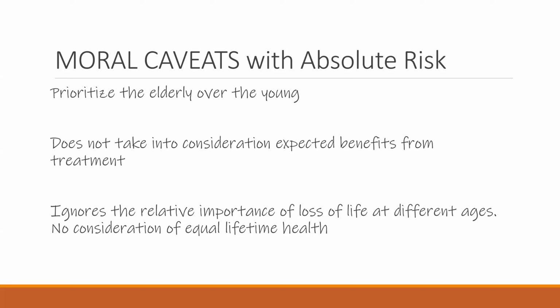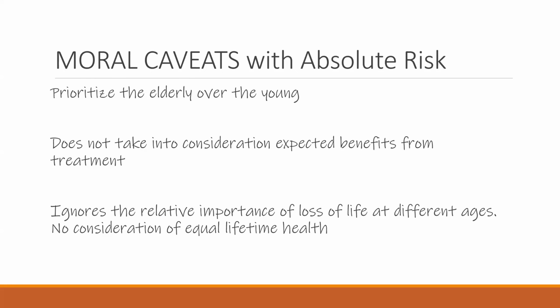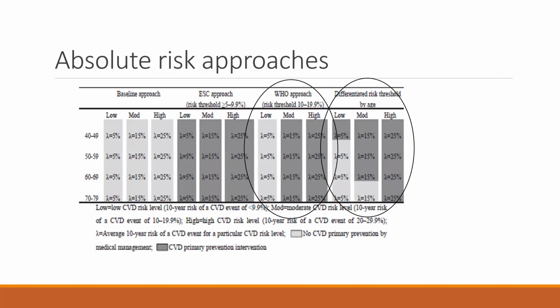Some studies have proved that the expected benefits from treating the young are actually higher than treating the elderly. Therefore, we wanted to see which of these different approaches is better, especially comparing the WHO guideline versus the differentiated risk threshold by age.